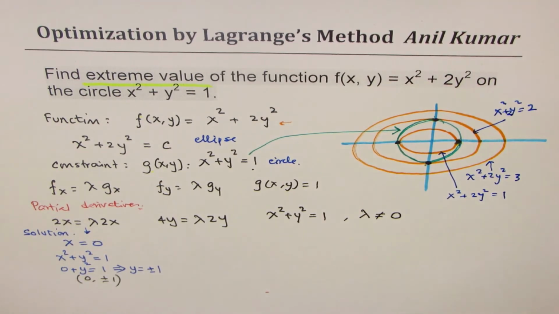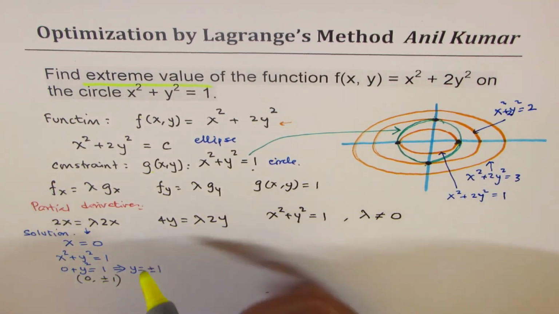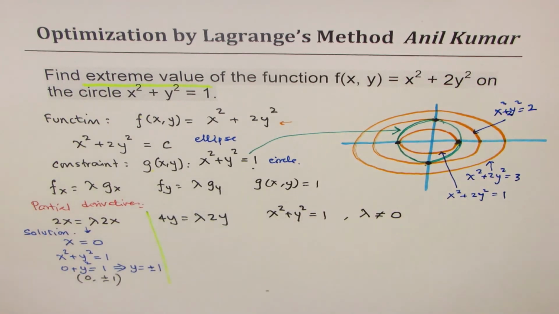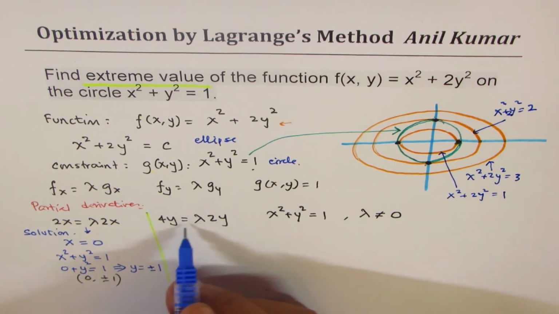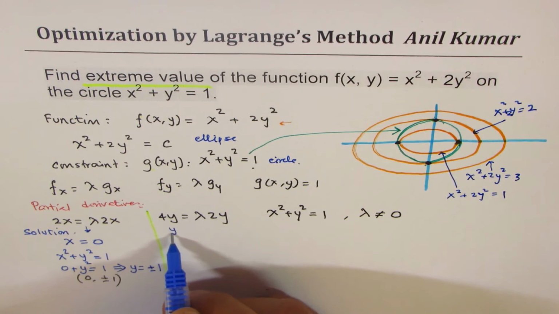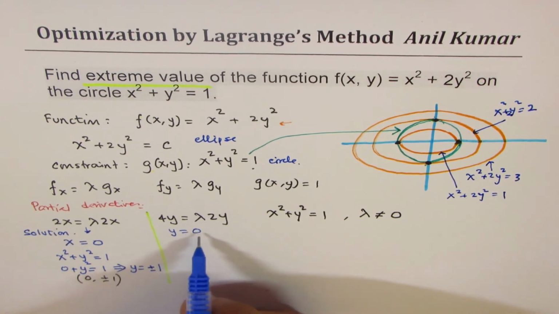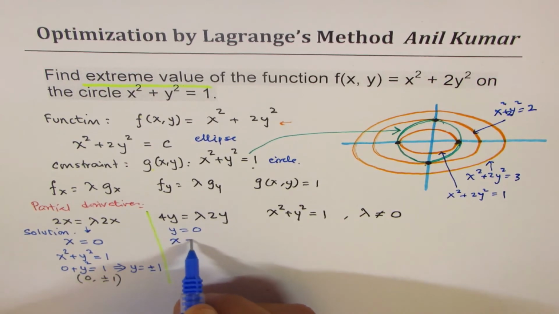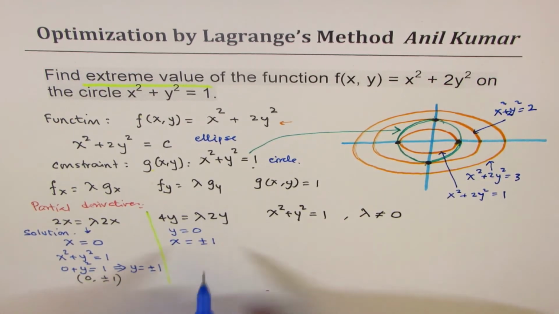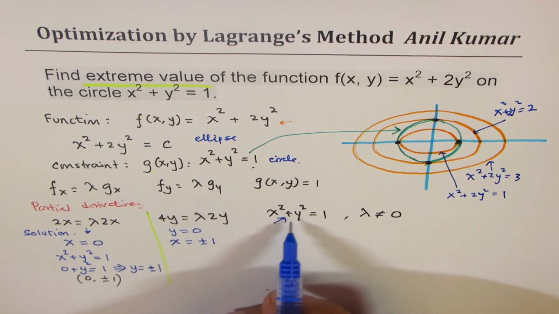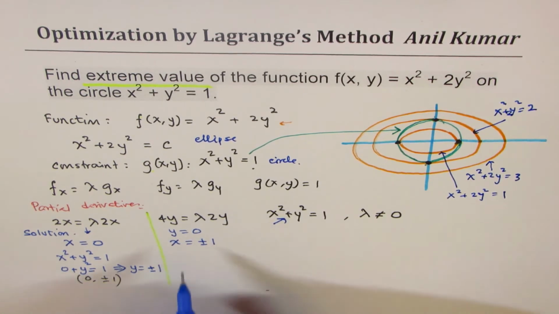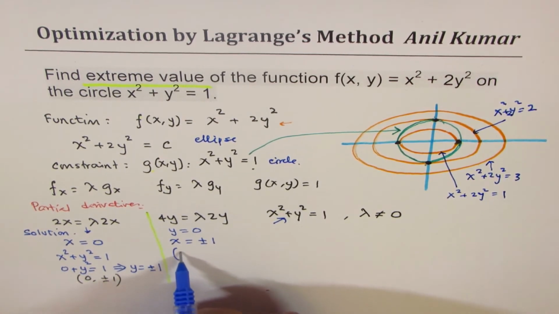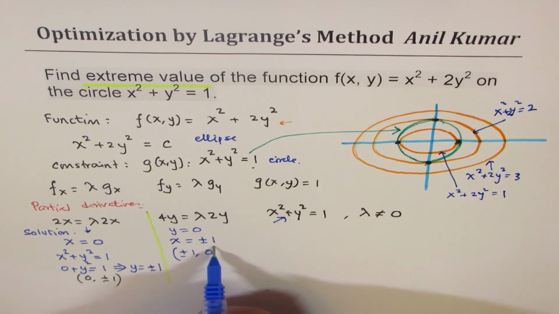Is it okay? Similarly, we can do for the second condition, which is here. We have y equals 0 now, right? So if y equals 0 is the solution, then what is the value of x? x equals plus minus 1, if I substitute in this equation. So the solution is plus minus 1, 0.